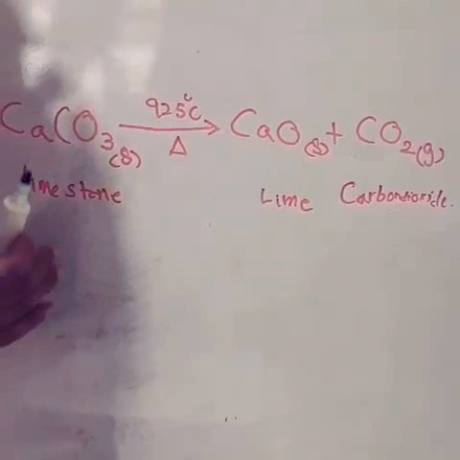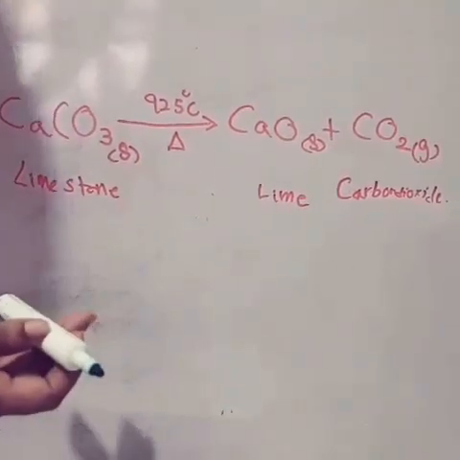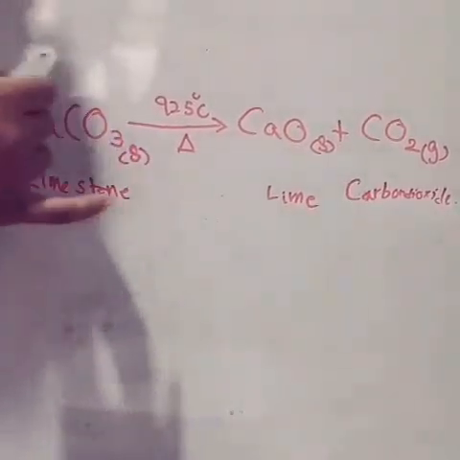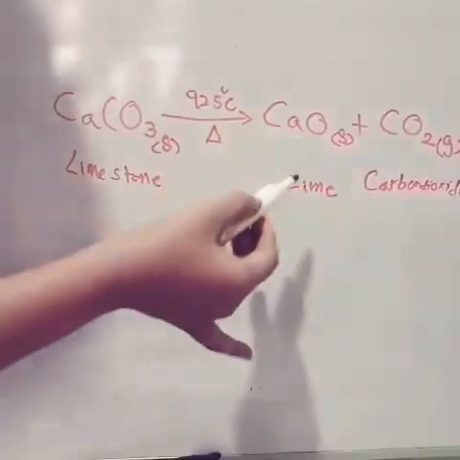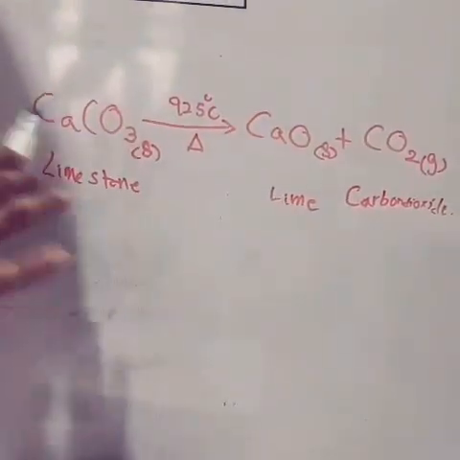Therefore, in electrolysis also such a reaction takes place. Now we will do the electrolysis of water. That means we are ready to break down water by passing electricity using that electrolytic cell.